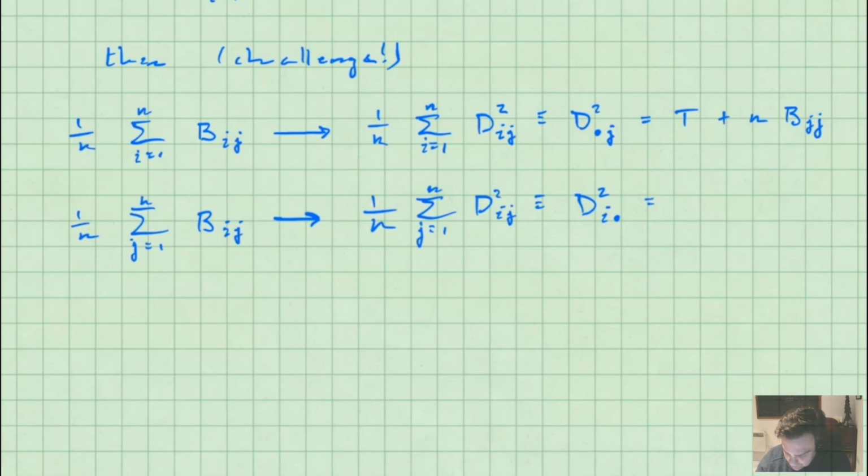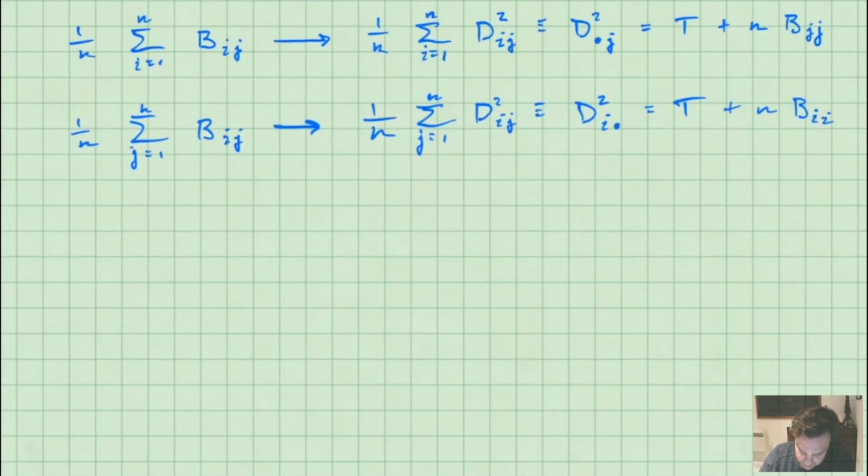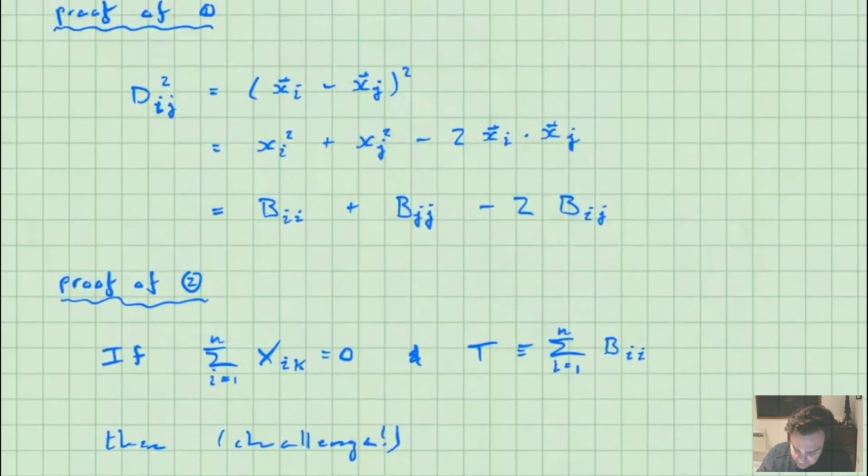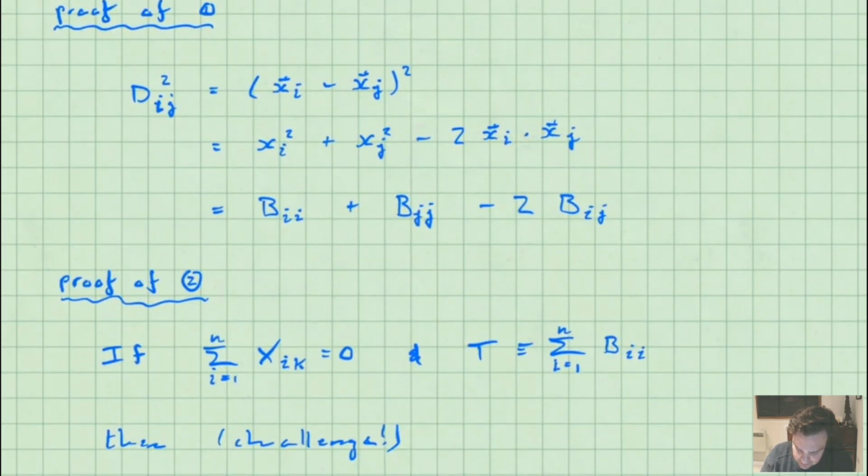And this is equal to t plus n times bii. All right, and so then the third thing, this is when you do the sum over both indices. So this is 1 over n squared, sum over I, and sum over j of bij. And again, I'm finding all this by summing over this thing.